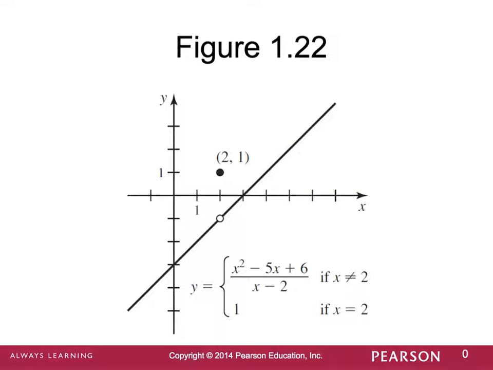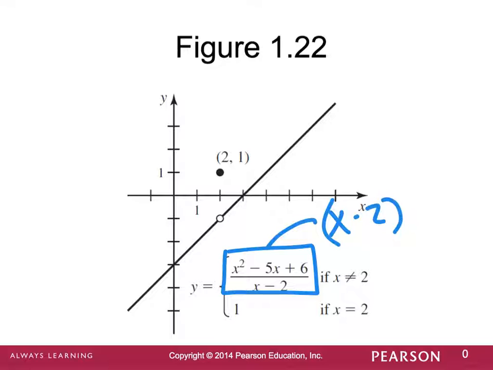An example of a piecewise function is listed here, where this looks like it's just going to be a rational equation, but upon further examination we see that, well, hey, this is just a line with a hole in it, because this top has the factor of x minus 2 in it, because x squared minus 5x plus 6 is really x minus 2 times x minus 3.